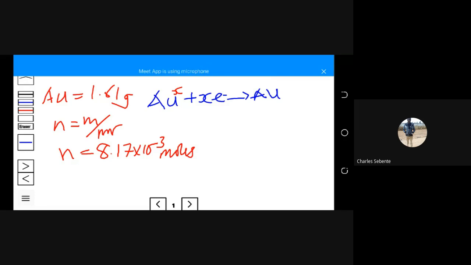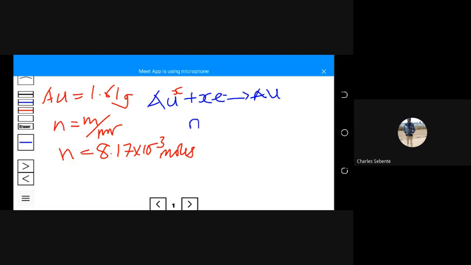So now we can see that the gold ion and the number of electrons are in the ratio of 1 to x. To find the number of moles of electrons, you multiply the number of moles of gold by x.